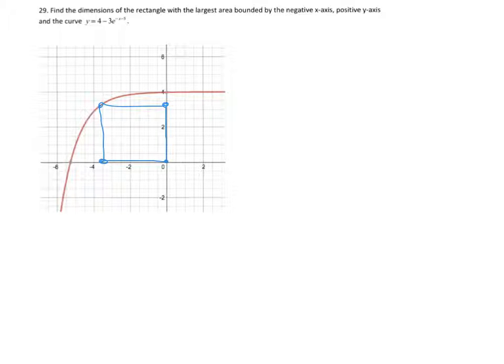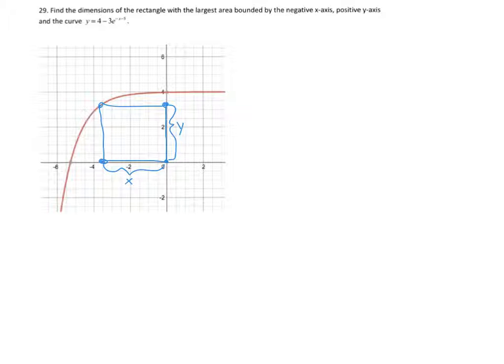Now, the x value right here times the y value right here will sort of give you the area, but remember that the x values are negative to the left side of the axis, so technically we're going to get negative areas if I just did x times y.